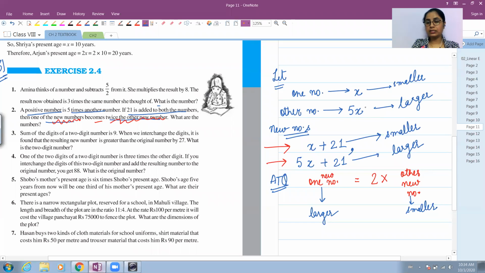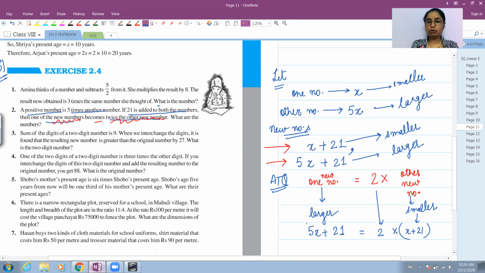And if 5x is larger, after adding 21 it will still remain larger. So when you put it in the equation, on the left hand side you will have 5x plus 21, 2 will be there as such, multiplied with the smaller number. The smaller number is x plus 21. This is how your equation will be.